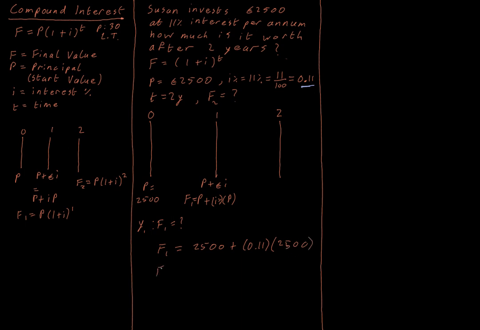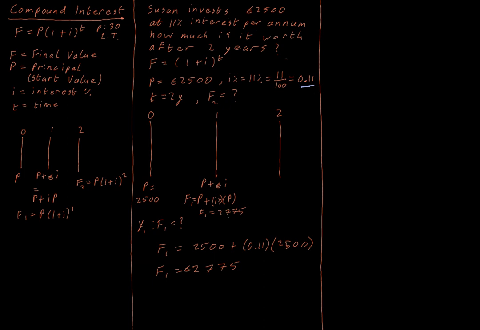And when we calculate that, our final value at the end of year 1 is going to be €2,775. So that's how much we have here at the end of year 1. So F1 ends up being equal to 2,775. And how are we going to get how much we have at the end of year 2?